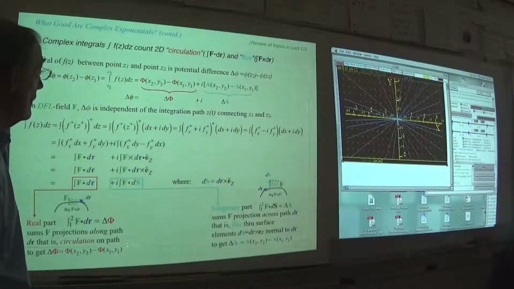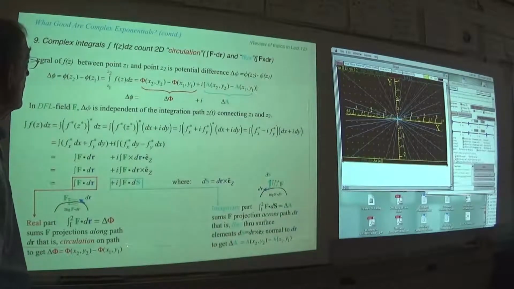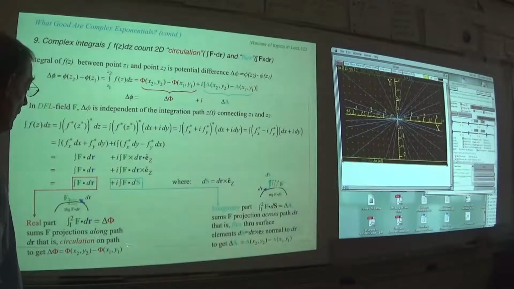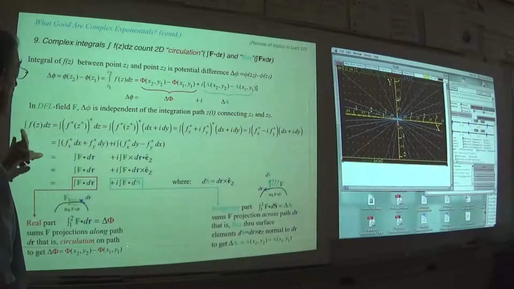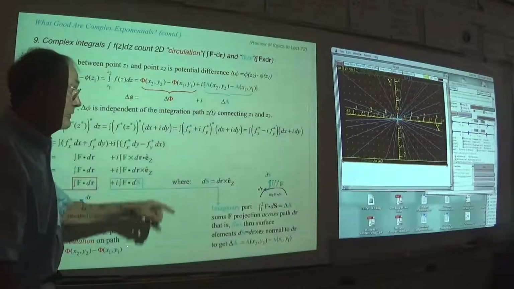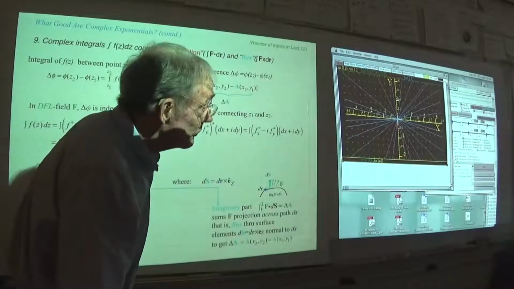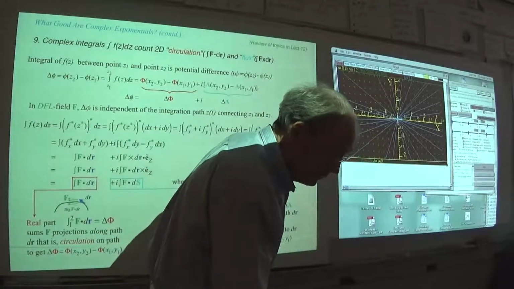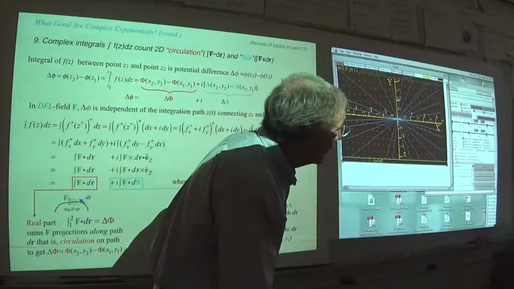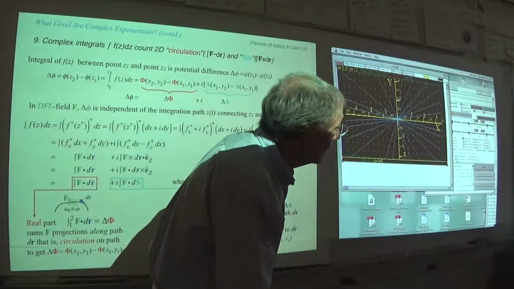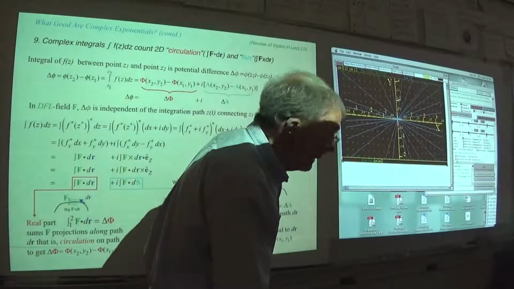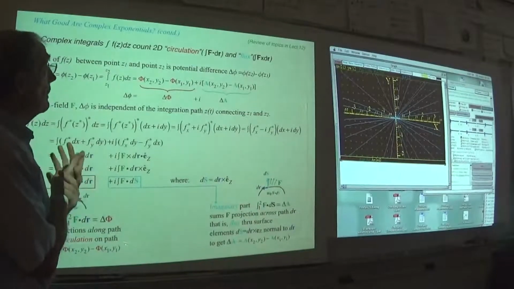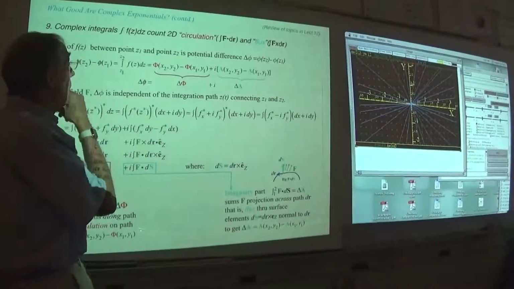Okay, and then there's the whole business of flux integrals, which I was just sketching out there for you. When you go through this manipulation right here, I'm going to run this down a little bit so that we can talk about this fairly clearly, and that's where I'll stop. And this is it. But this part right here, where I ask you, what good is a potential?